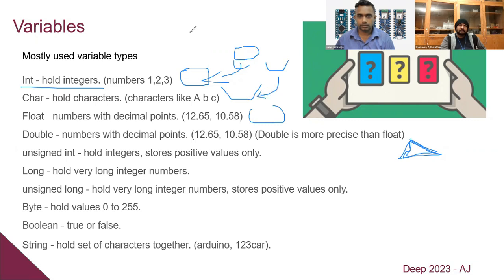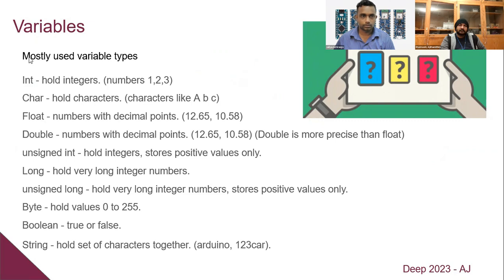The most used variables are int. Int stands for integer, like in maths: numbers like 1, 2, 3, 1,000. Char holds a character like A, B, C. Float numbers contain decimal points. Doubles also contain decimal points. Double is more precise than float, meaning it can have more decimal points.